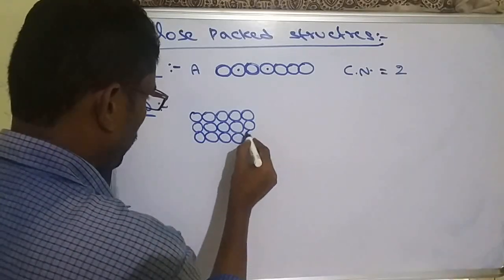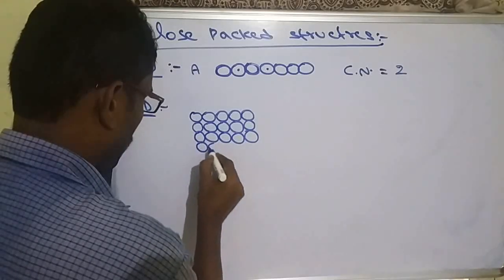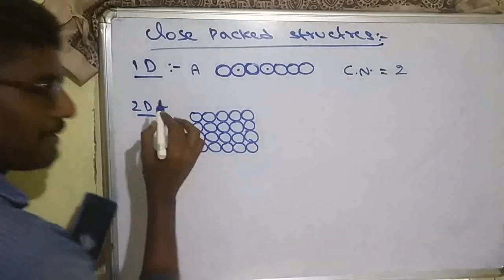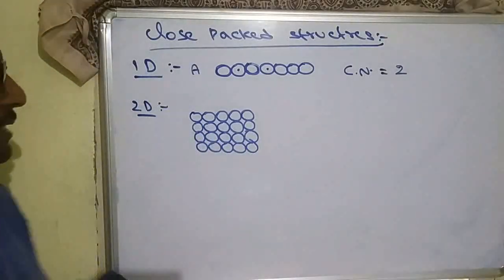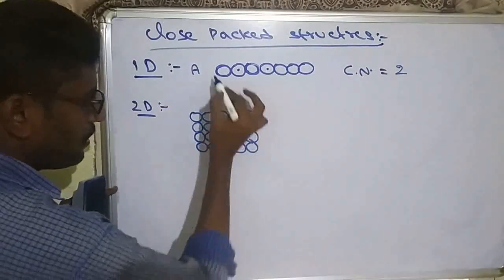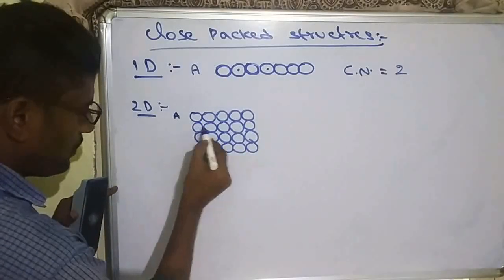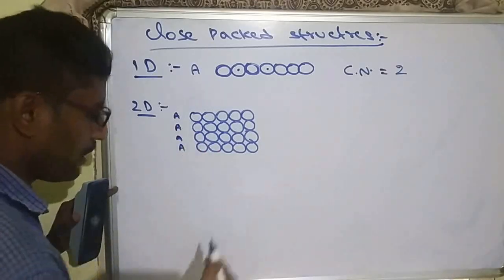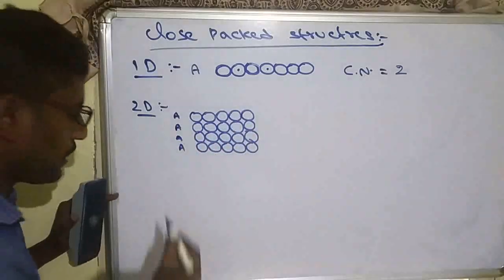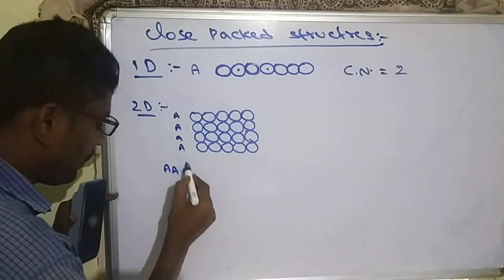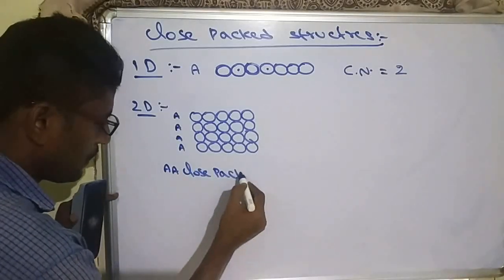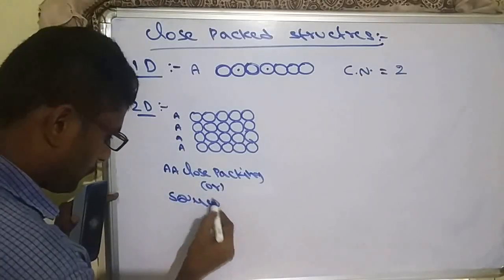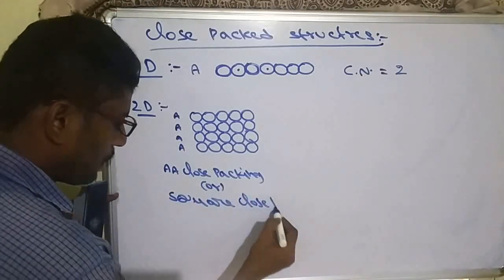Like this, when we write all the one-dimensional structures in the same manner, the total structure is called a two-dimensional structure. This is also similar to the above one-dimensional, so this is A, this is also A, and this is also A. This two-dimensional structure we call AA close packing, also called square close packing.